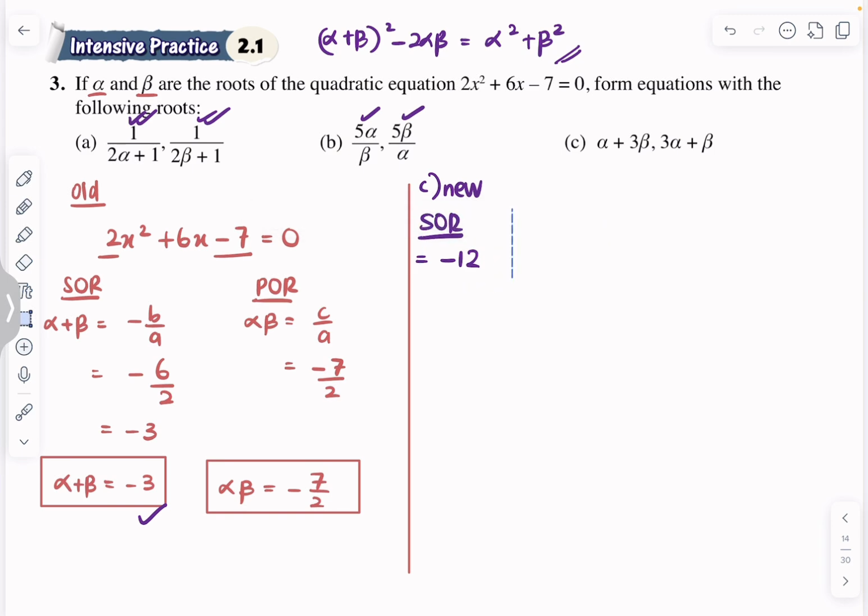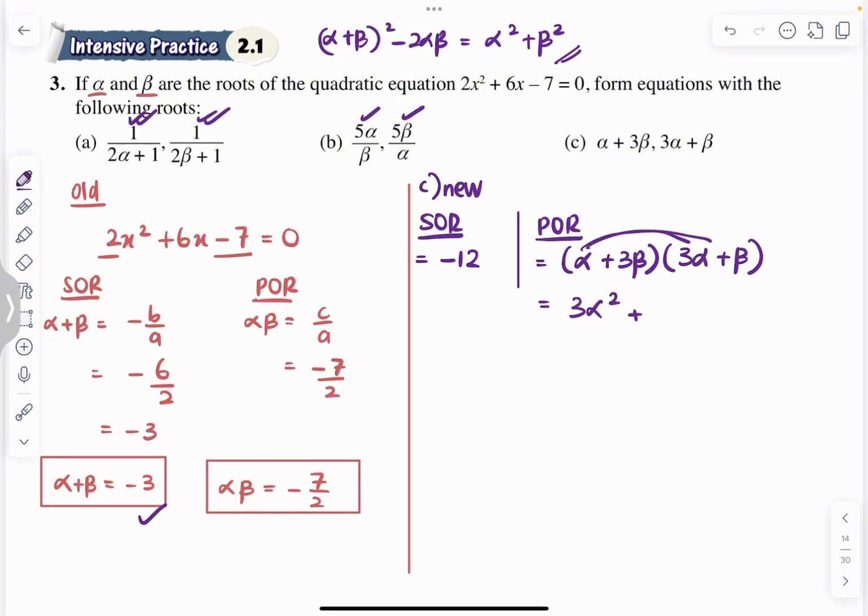Next we find the product of roots. So product will be alpha plus 3 beta multiplied by 3 alpha plus beta. Expand: this is 3 alpha square plus alpha beta plus 9 alpha beta plus 3 beta square. So this will give us 3 alpha square plus 3 beta square plus 10 alpha beta.